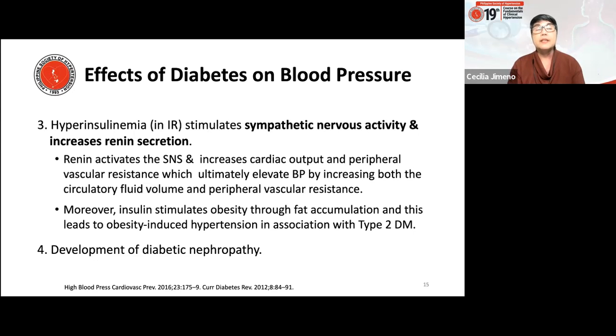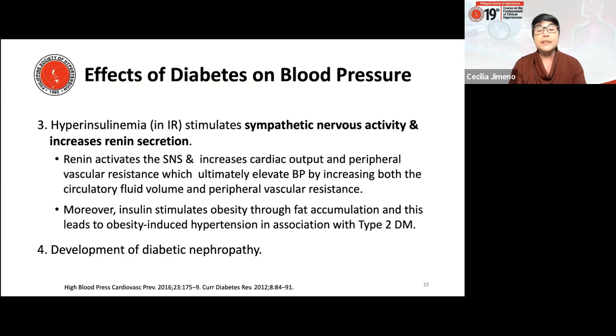So remember the humoral as well as the neural factors. This is the humoral factor, increased renin, and an increase in the sympathetic tone. Renin activates the sympathetic nervous system and increases the cardiac output and the peripheral vascular resistance, which ultimately leads to BP elevation by increasing both the circulatory fluid volume and the peripheral vascular resistance.